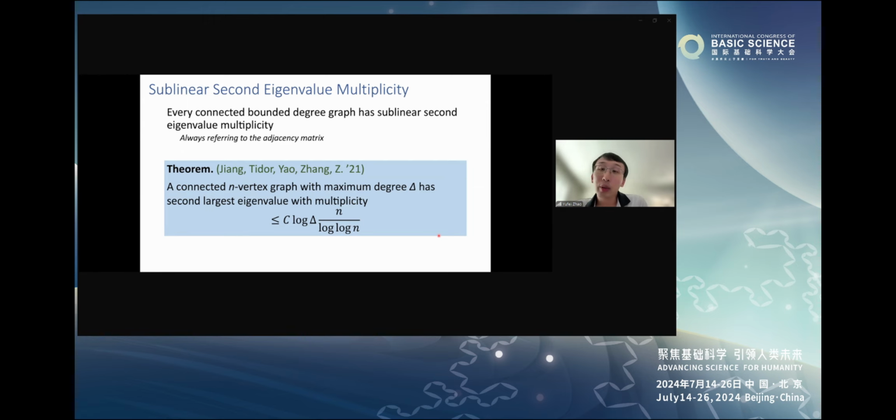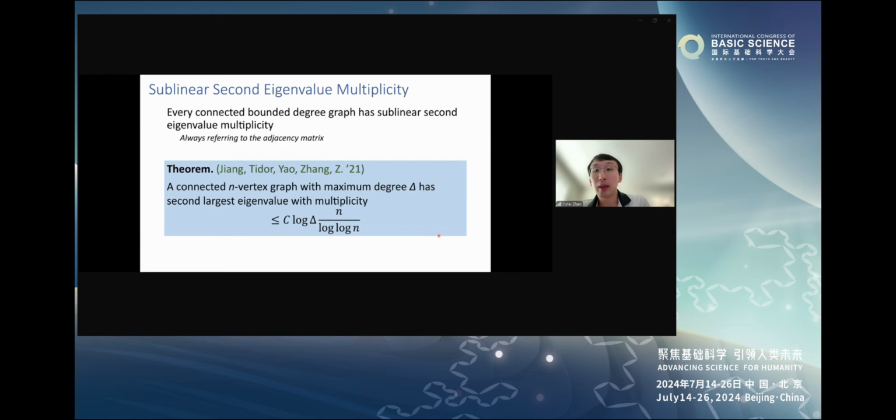To put in some further context, a very classical result of Perron-Frobenius from linear algebra implies that if you start with a connected graph, then its largest eigenvalue has multiplicity 1. So in a connected graph, or any non-negative matrix that's connected, the largest eigenvalue is simple. So that's the Perron-Frobenius theorem.